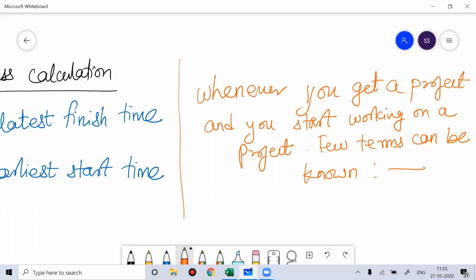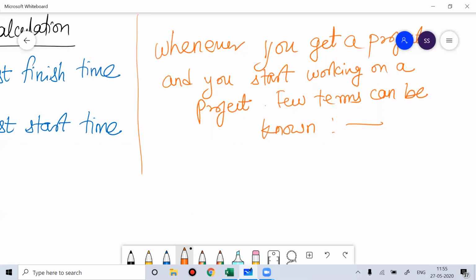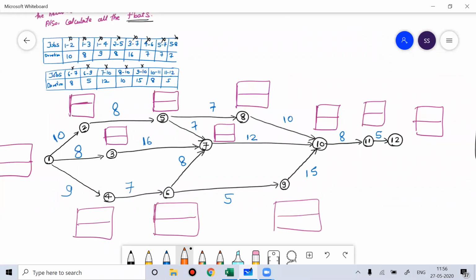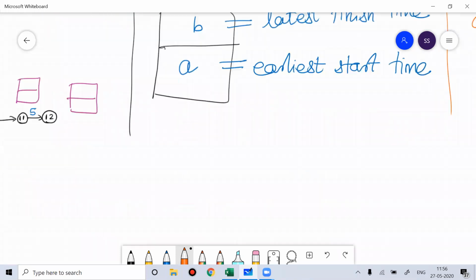What are those terms? It can be the duration of the project, the duration of an activity. The duration of the activity I already wrote down. All the things written in blue color are the durations of the activities.